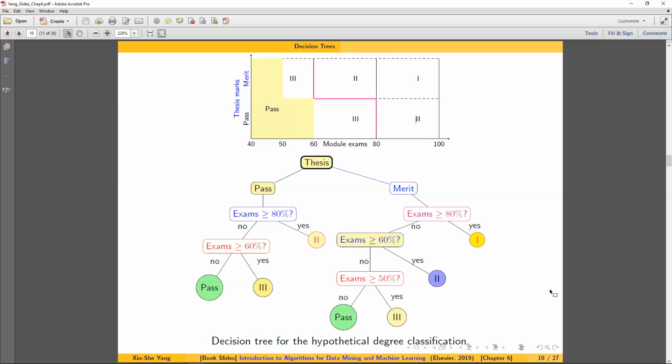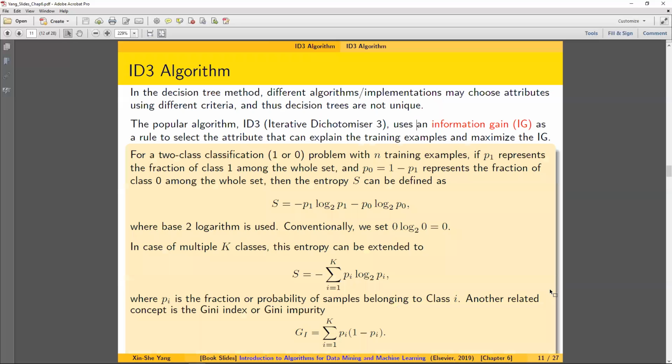Of course, the question becomes, why did we start with pass or merit? Why can't we start with module exams? That is the question the decision tree is trying to answer with different algorithms. Let's take a look at the ID3 algorithm.